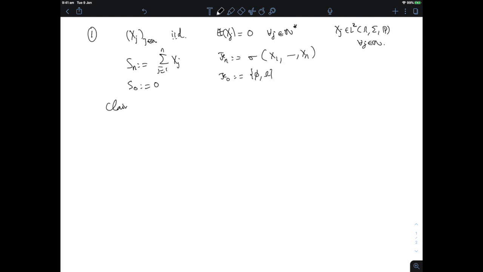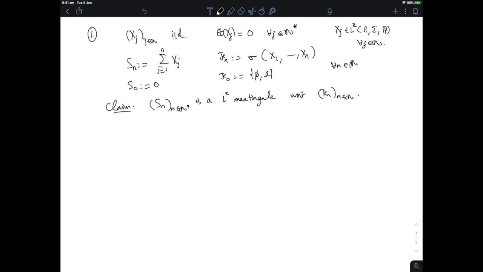And what I'm claiming is that Sn will then be an L2 martingale with respect to this filtration that I've just defined. Now, proving that involves three things. First of all, we need Sn for every n to be Fn measurable. That's going to make the process adapted.